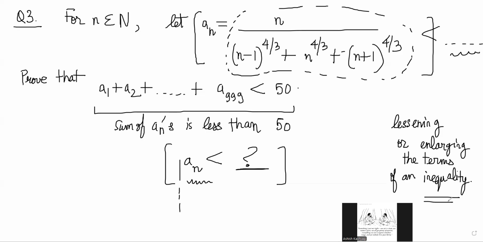This is applicable in many problems in inequalities. You take the given condition and try to make it lesser than something or larger than something, and then think about the question.